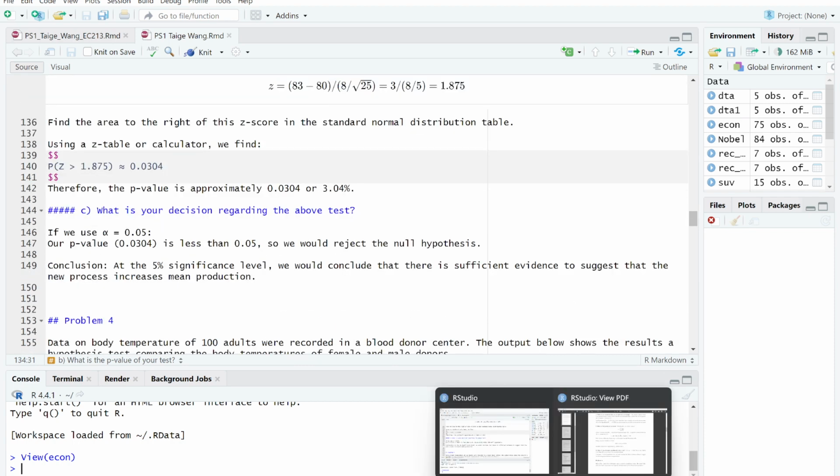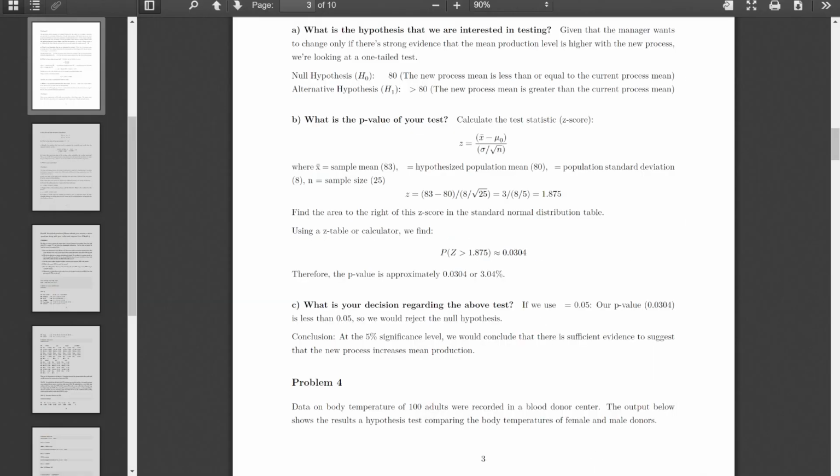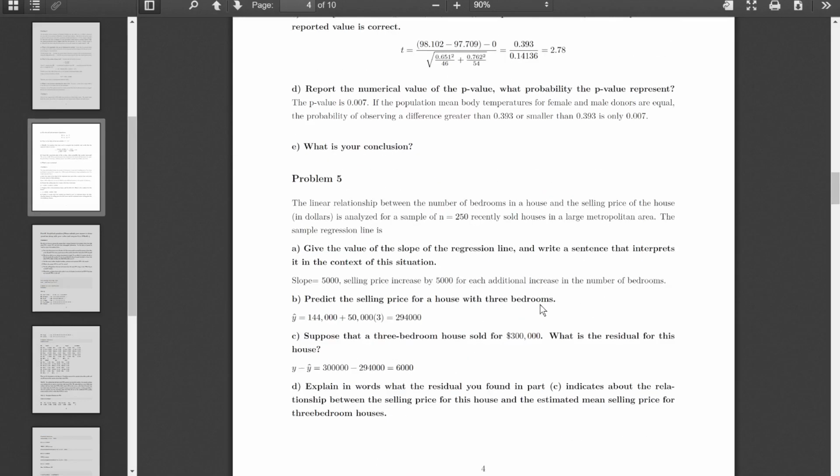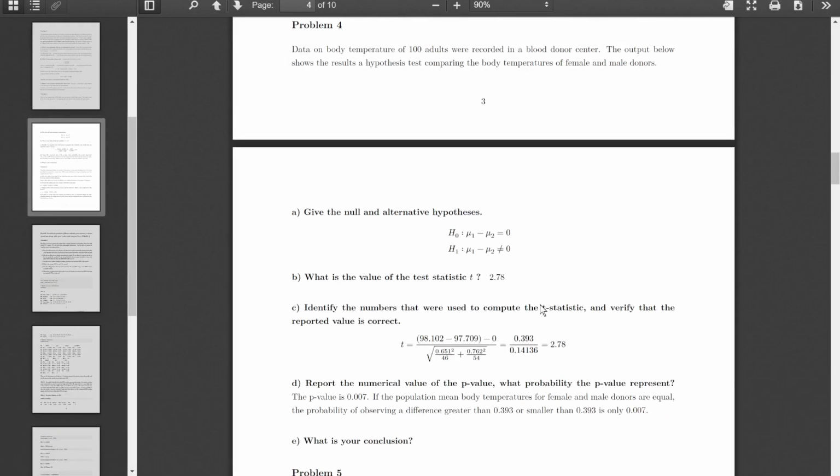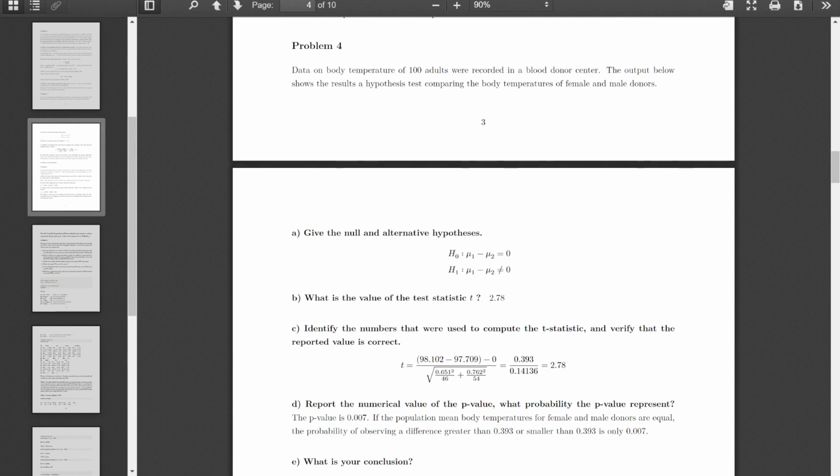Okay, so I will leave problem 3 and problem 4 for you. I think problem 4 is very important, right? The null hypothesis is about mu1 and mu2, these two population means: that they're basically the same, right?